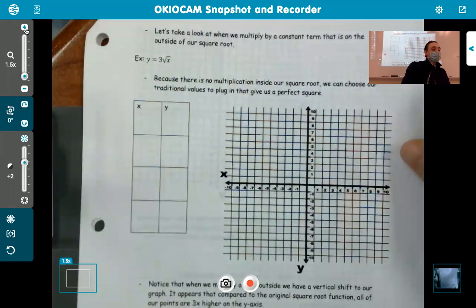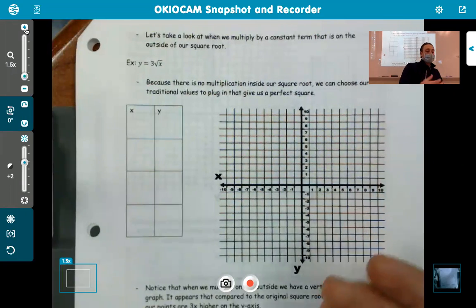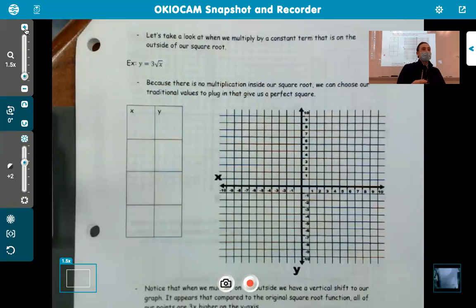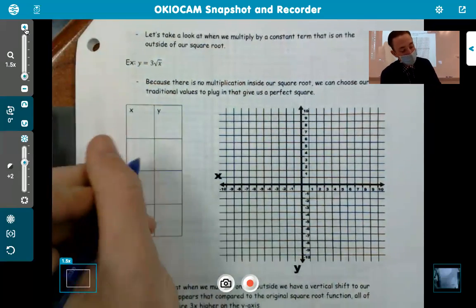Another note that I have written here, because there's no multiplication or addition or subtraction inside my square root, we can just choose traditional values that are going to give us a perfect square. Notice that my table is blank here, and when you go to your homework or on the quiz on Friday, you're going to have to make your own table. What should I plug in for x for this particular example? Okay, 0. What else?